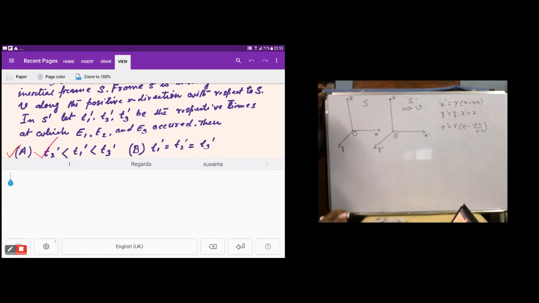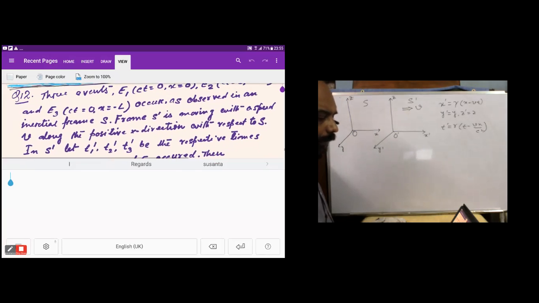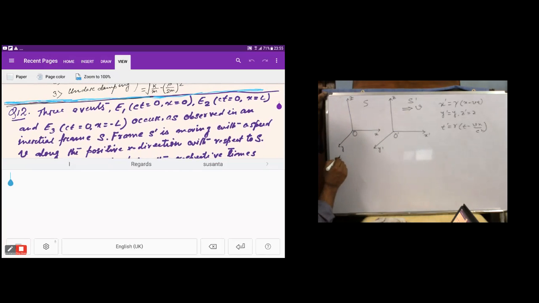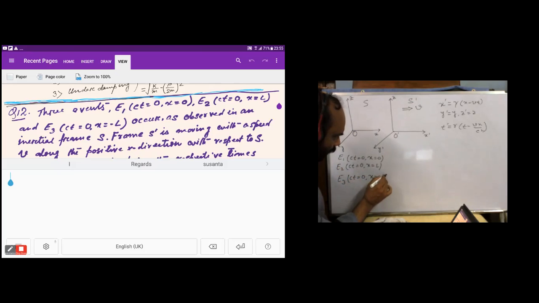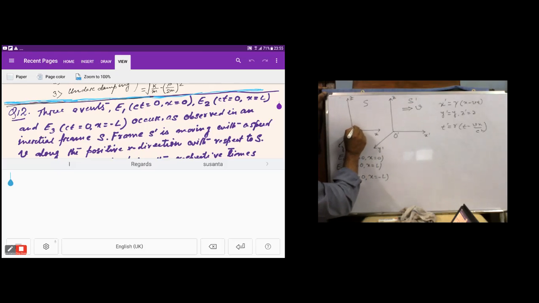Now, it says three events occur. E1 at CT0, X0, E2 at CT0, XL, and E3 at CT0 and X equals to minus L. So we can write basically this one is E1 at the origin, at the center.